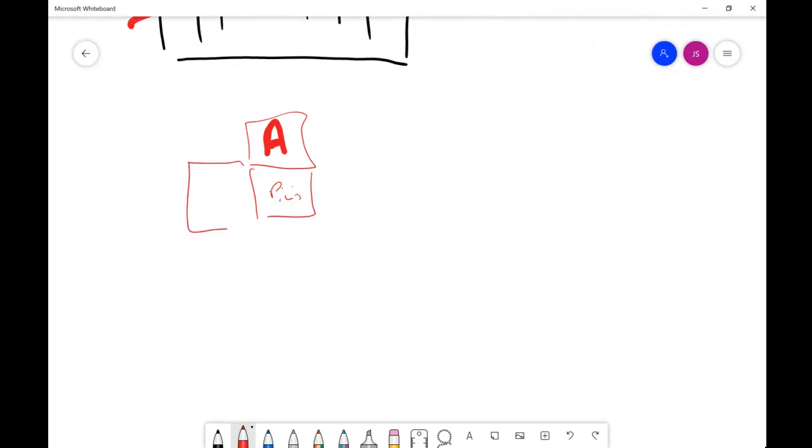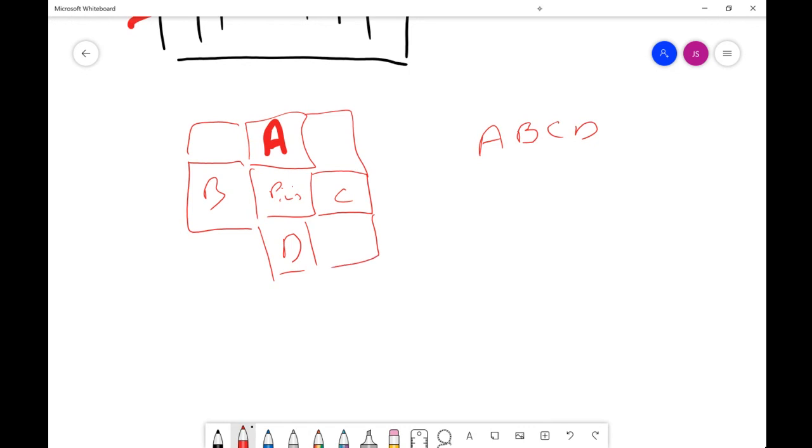Here we have B. Here we have C. And here we have D. Now the information you're extracting is A, B, C, D, 4 bits. You could have a 9-pixel operator where I'm taking those into account, but that would be harder and more complicated for an exam. So I'm operating on the KISS principle, which is keep it simple.